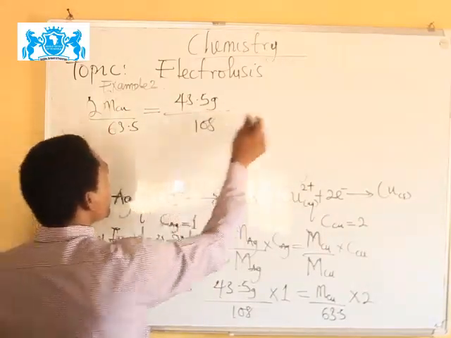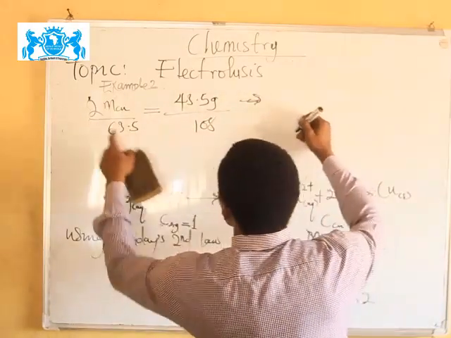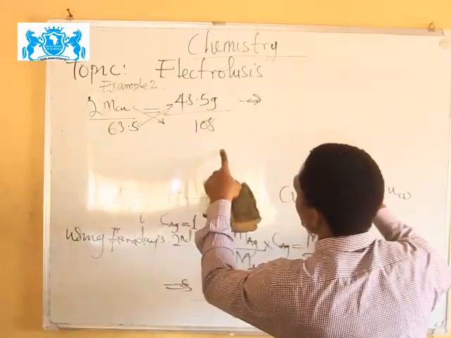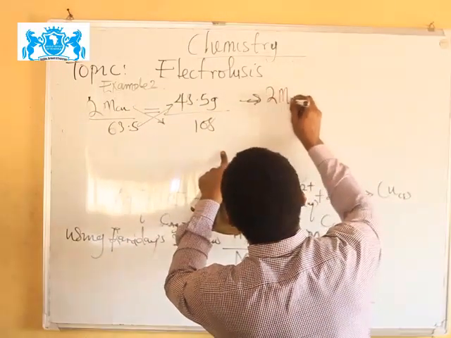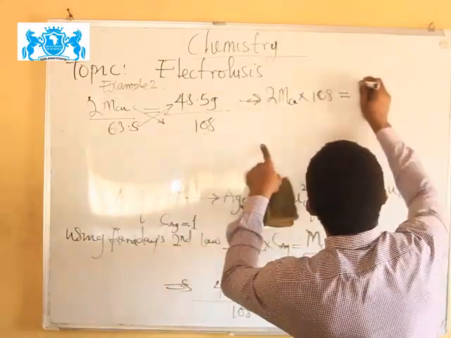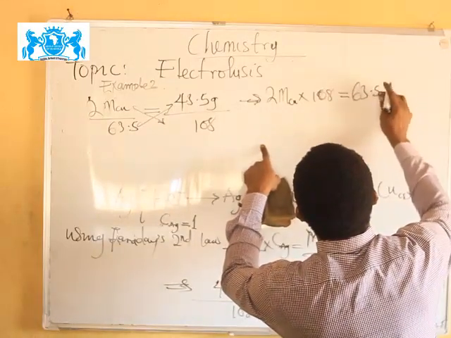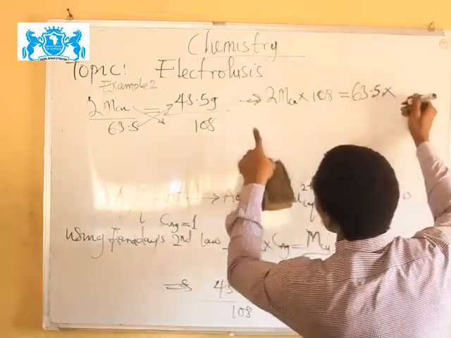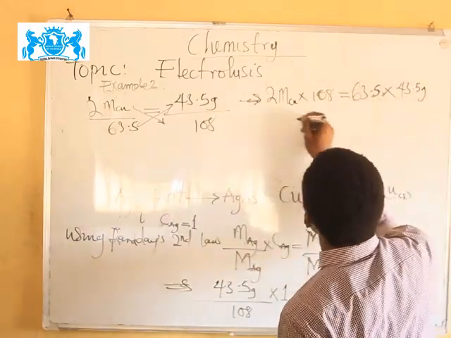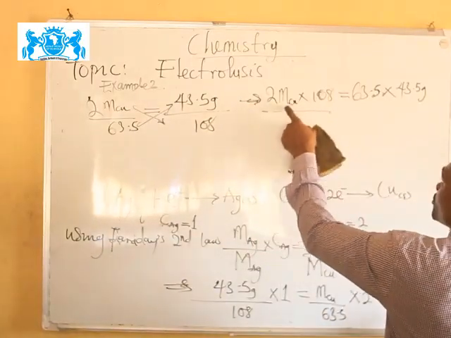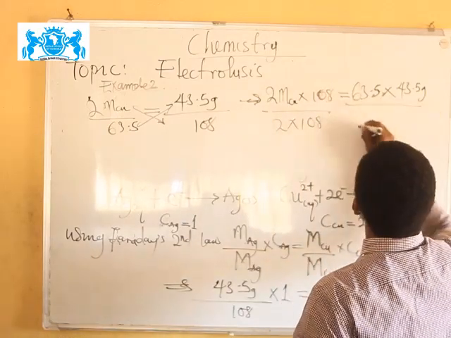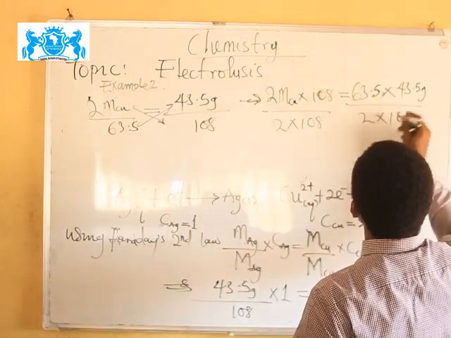We cross multiply, so we have 2 m(Cu) times 108 is equal to 63.5 times 43.5 grams. Here we divide both sides by 2 times 108 to make m(Cu) the subject.